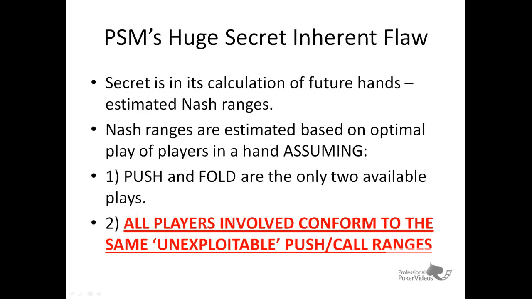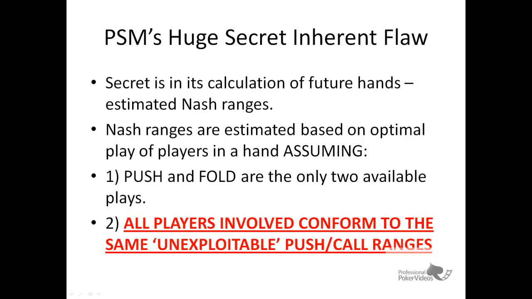Basically, with PSM using default Nash ranges, the calculations it makes for future hands are going to be really inaccurate. Nash ranges give you an idea of how wide somebody should be shoving and how wide the opponent would be calling based on what's called Nash equilibrium.